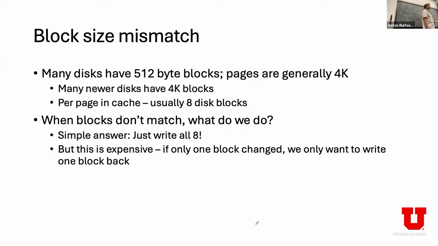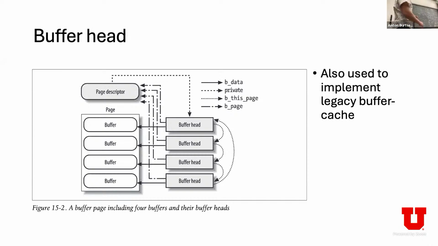So you apparently have to track the dirty state at the level of a block, not at the level of a page, right? And Linux has this support. I talked a little bit about it, but actually I probably misunderstood why we need this thing. I thought that those buffer heads would only be used for implementing the legacy buffer cache, but they are also keeping track of dirty blocks. So if you're going through a regular file read and write and writing an actual block, then Linux maintains those buffer heads.